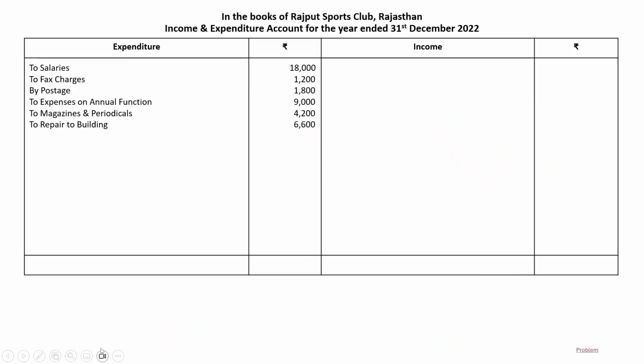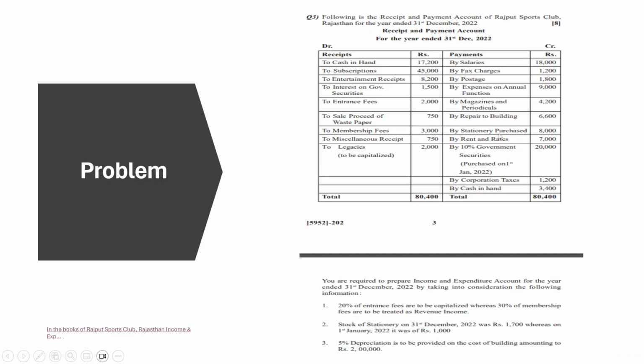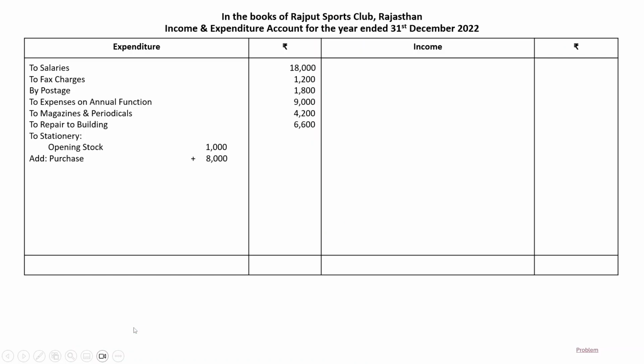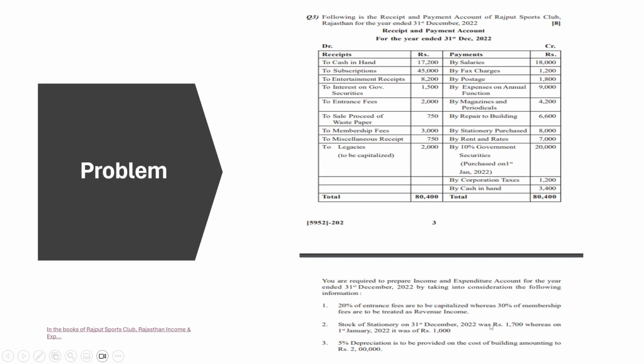So we are going to show it. First of all, to stationery. While showing the stationery, first show the opening stock. How much is given at the beginning of the year, 1st January 2022? 1,000. To the opening stock, add the purchase during the year, which is given under the payment side as stationery purchase. How much is that? 8,000. Take the total of this, how much does it come? 9,000. Then deduct the closing stock given in the adjustment.